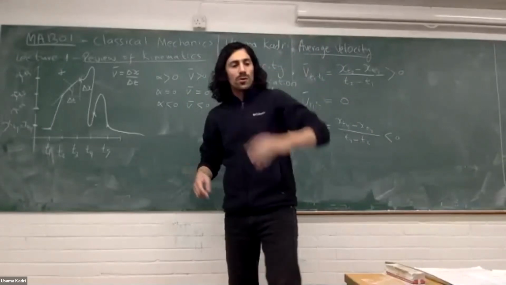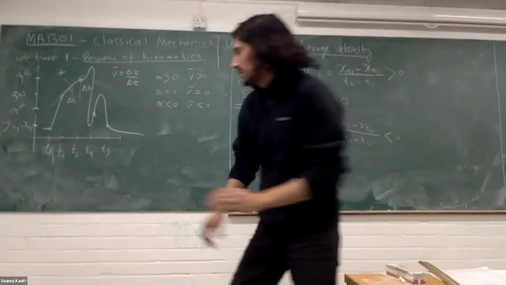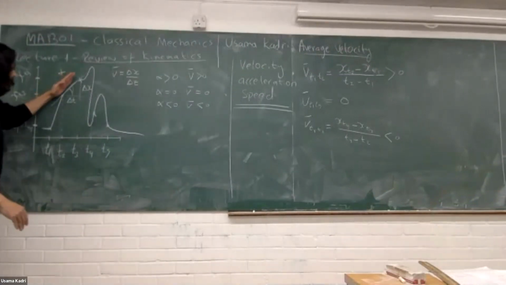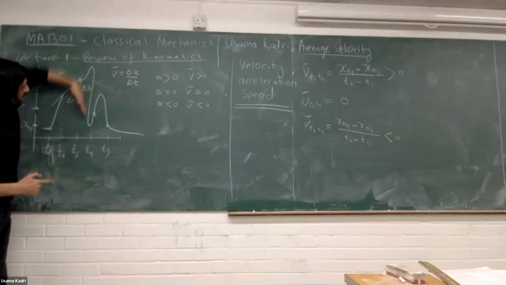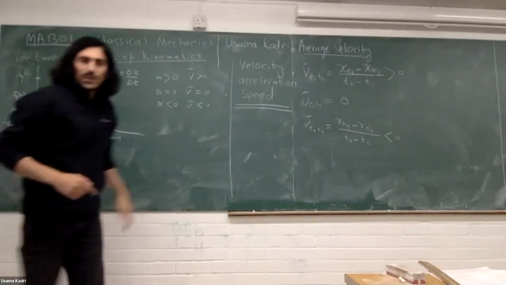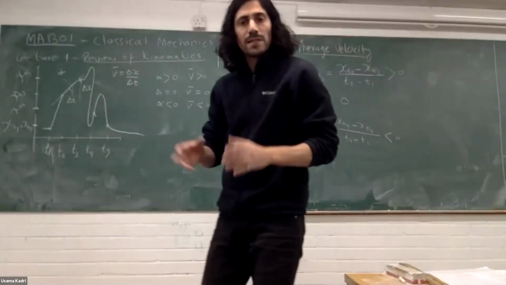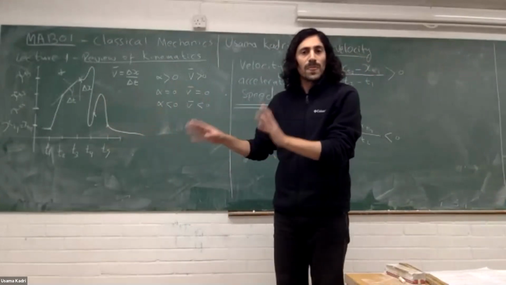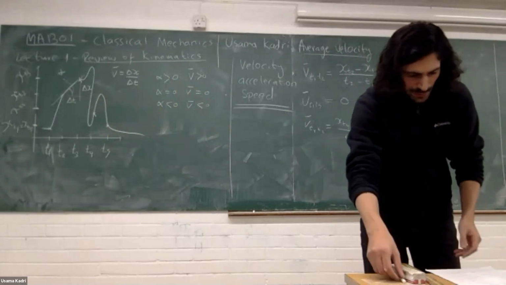Now the velocity is 0. Let me show you here. The velocity is positive, positive, positive. Here is 0. Now it's negative, negative. Here is 0. Now it's positive, 0, negative, and so on. So this is one way that you can look at the graph and say, aha, I can understand what's going on in terms of the velocity. It's very intuitive.